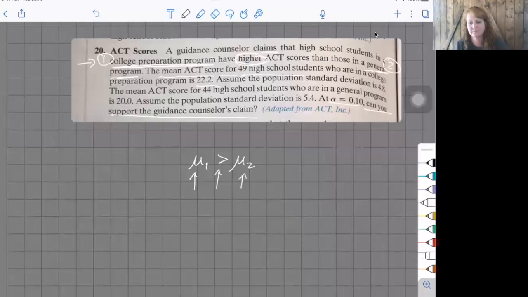That's my mean 2. And that's the claim. And that's really about where the differences end. We're going to do very much the same thing. Your complement is going to be switch, add the equal sign. H naught is going to get the equal sign. HA is going to get the other.